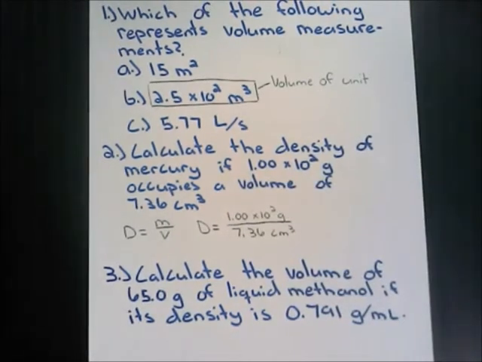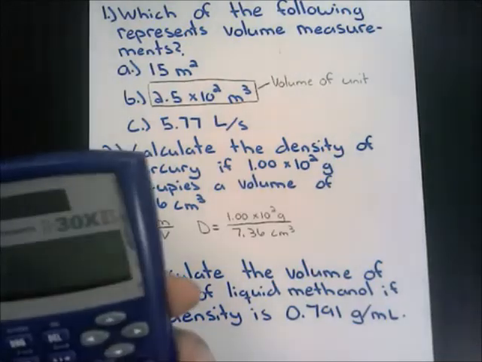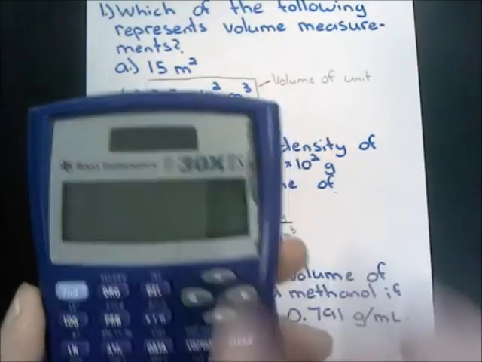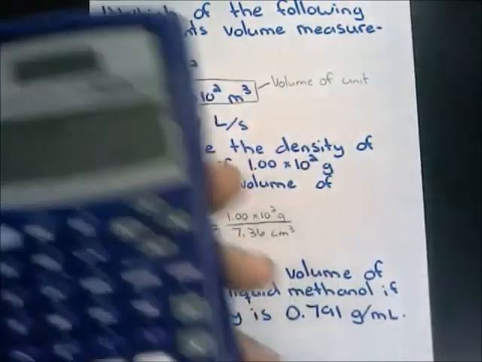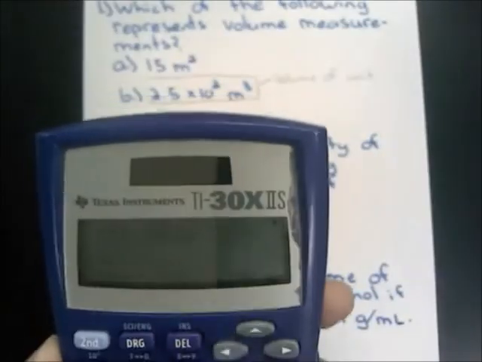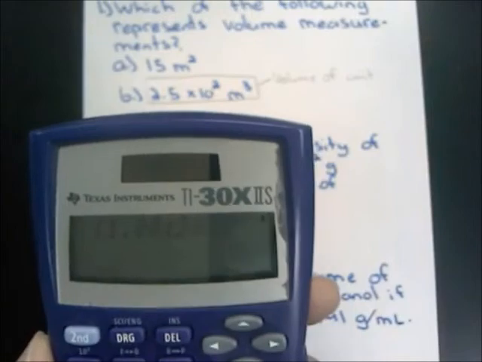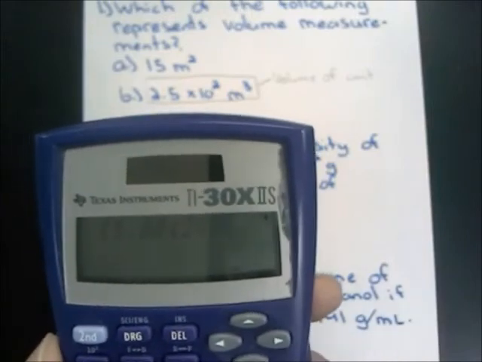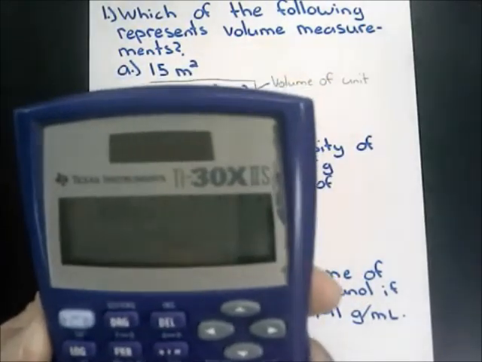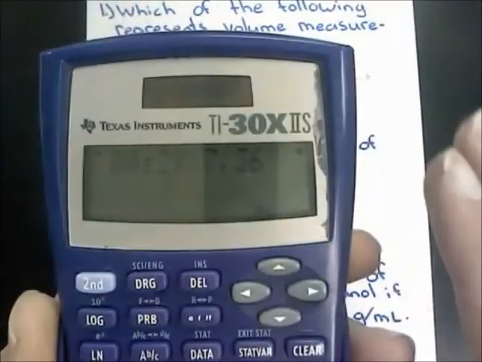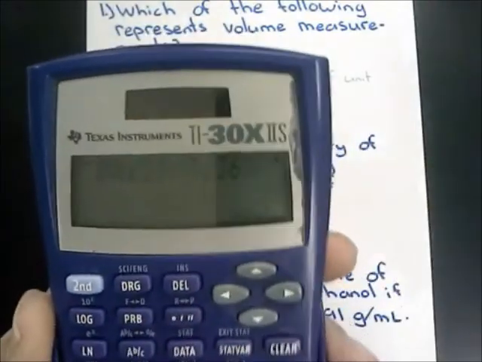So what we do here, real simple, we plug this into our calculator. And so what we have here is 1.00 times 10 to the second, and notice how I put parentheses around my scientific notation. We divide that by 7.36, and let me zoom in here. We press enter.